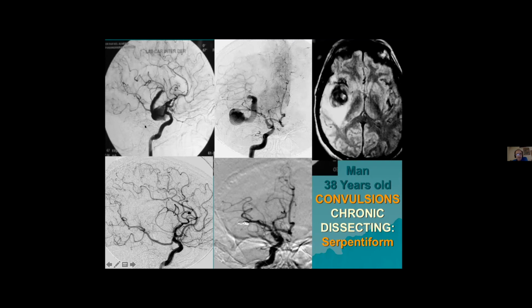I treated in the acute phase in Colombia by myself. I decided to occlude it. This branch, just here, this is the mark. We see the edema around the aneurysm. And the patient had convulsions, chronic convulsions, and occluded, and the patient is still well.